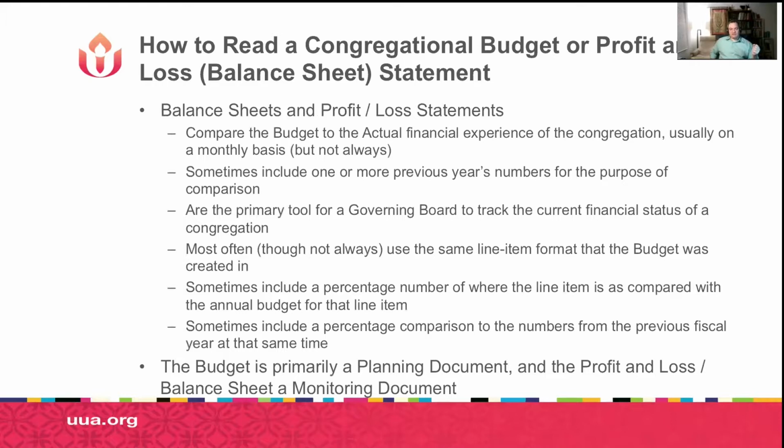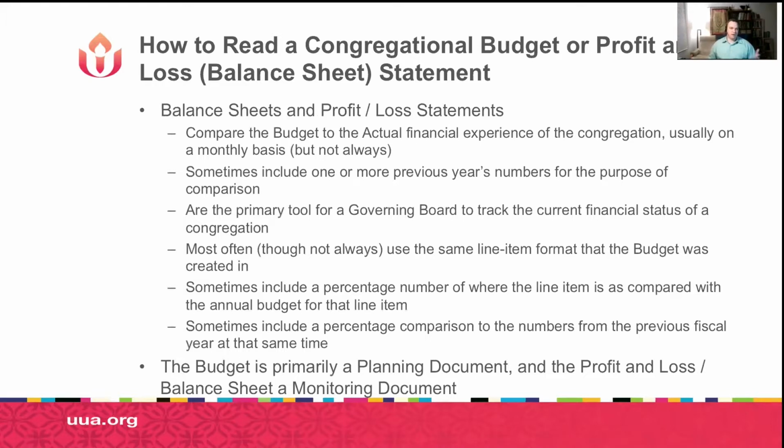So, balance sheets and profit and loss statements. In congregations they are basically a tool by which you do an actual comparison between the budget itself, what you planned, and what's actually occurring. Most of them sometimes include one previous year's budget, but not always.